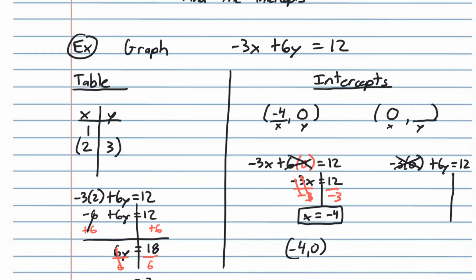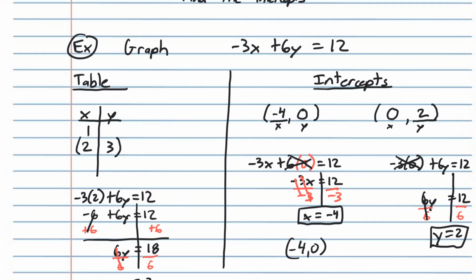Bring down the leftovers. 6y is equal to 12. And now to get rid of that 6, divide. So we get y is equal to 2, which means our second point is going to be 0, 2.